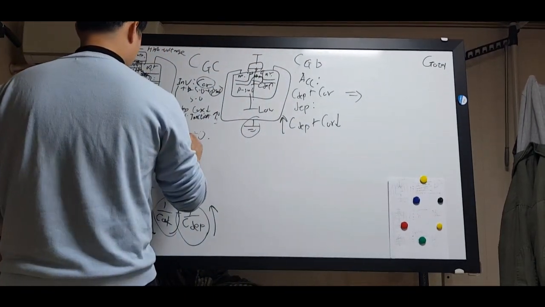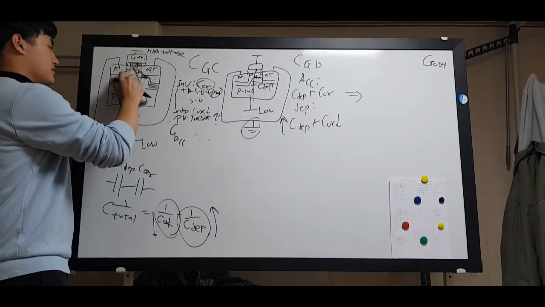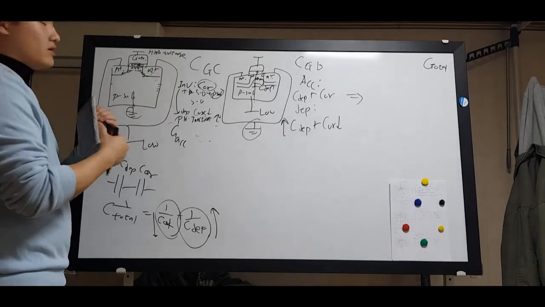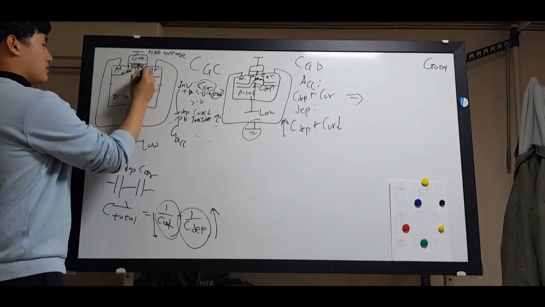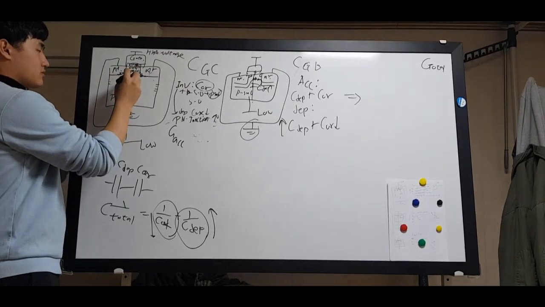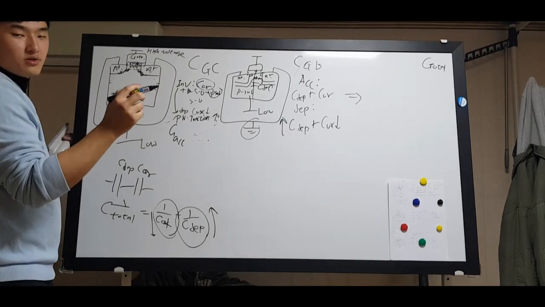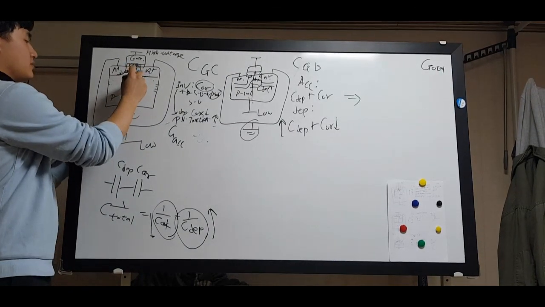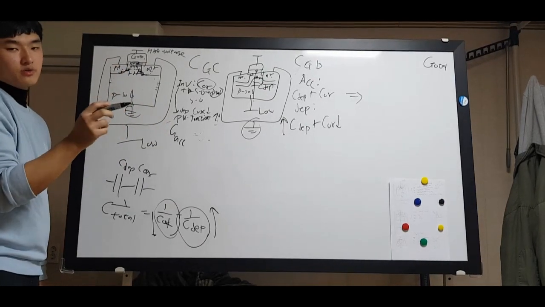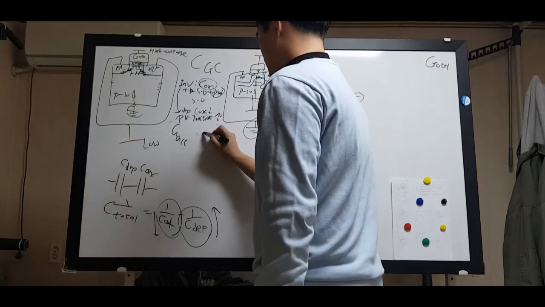And finally, accumulation. In the accumulation state, the depletion region will be very small, only between the source and drain to the P-substrate, or the accumulation of holes here. So the junction capacitance will be small, nearly zero.